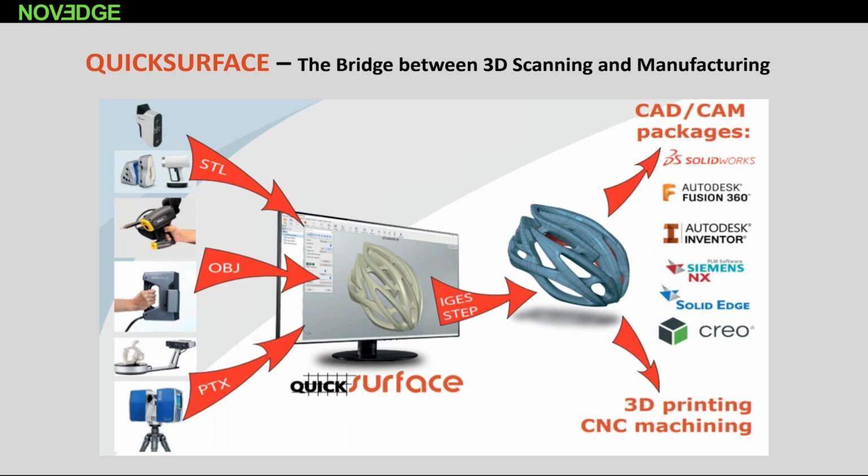And once you get this data, you can bring it into our software, and then it outputs the proper CAD model in the industry standard IGES or STEP file format, which can be loaded in a lot of quite popular packages that you probably use. Because it's an industry standard, every package actually uses IGES or STEP file format.